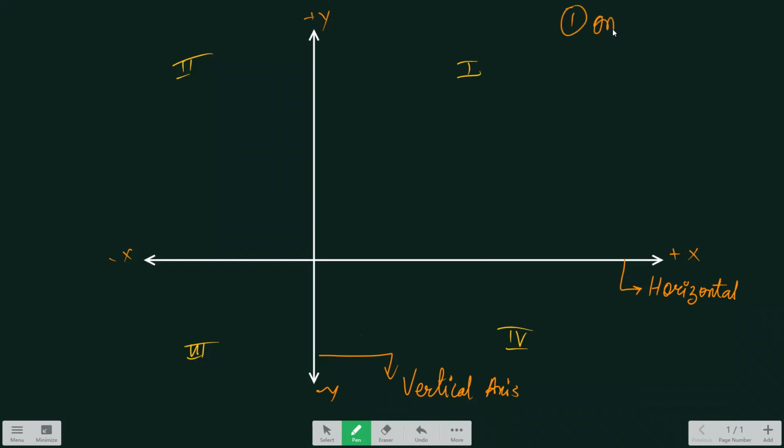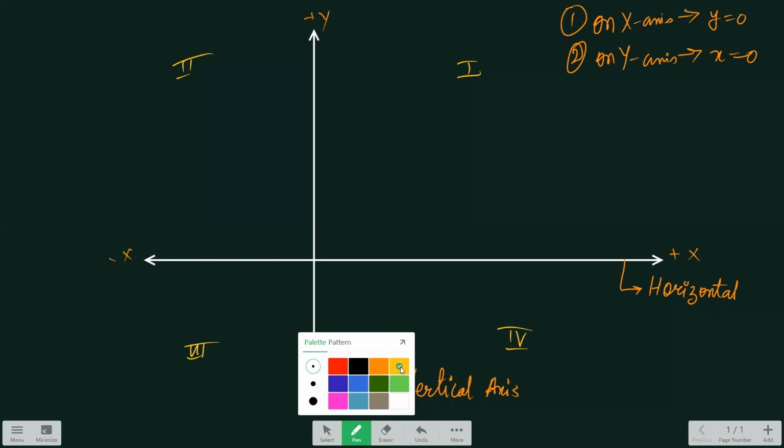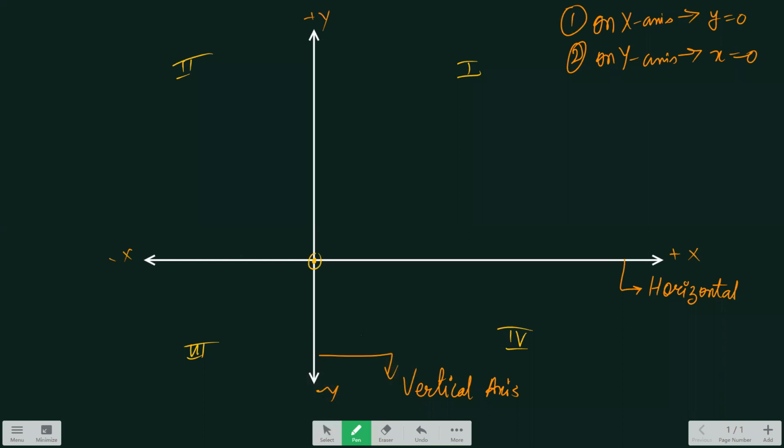Where the x-axis and y-axis meet, that point is known as the origin. The origin is represented by capital O, and its coordinates are 0, 0.